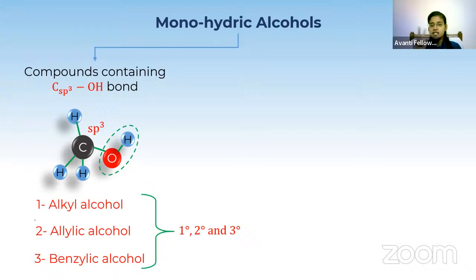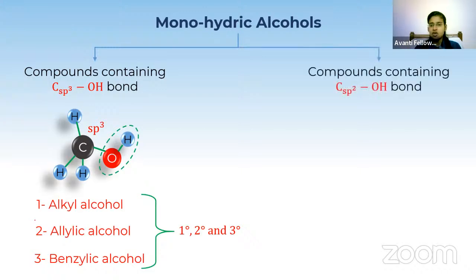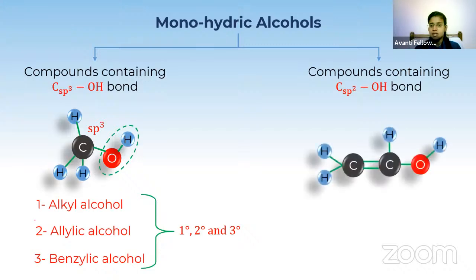And the second type of monohydric alcohol based on hybridization is compounds containing sp2 hybridized carbon attached to the OH bond. Let us take an example. Here, the OH is attached to the carbon which has a double bond.